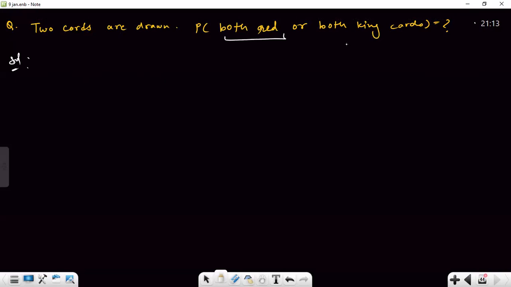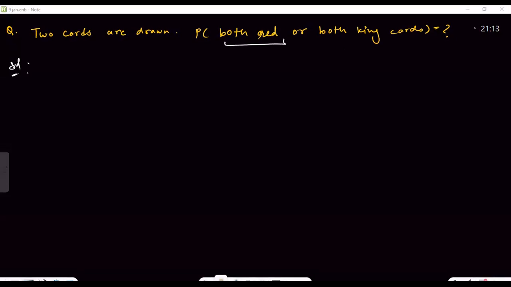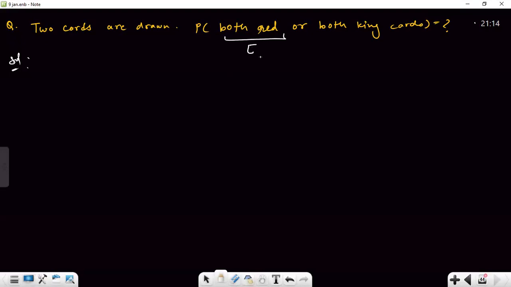Okay, so let's consider the first event of getting both cards as red as event 1, and this is event 2.